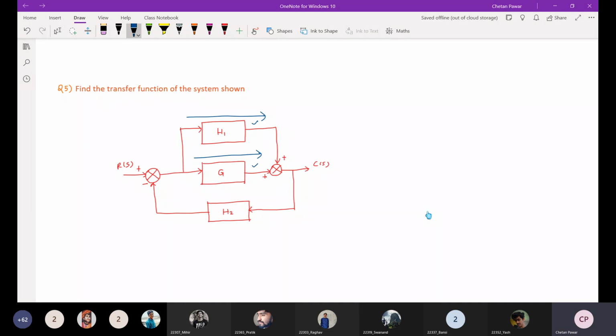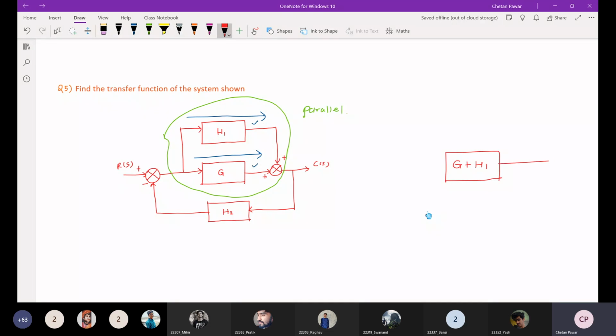Parallel. So first reduce this parallel block. These two are in parallel. So what will be the resultant block then? Gain G plus H1.